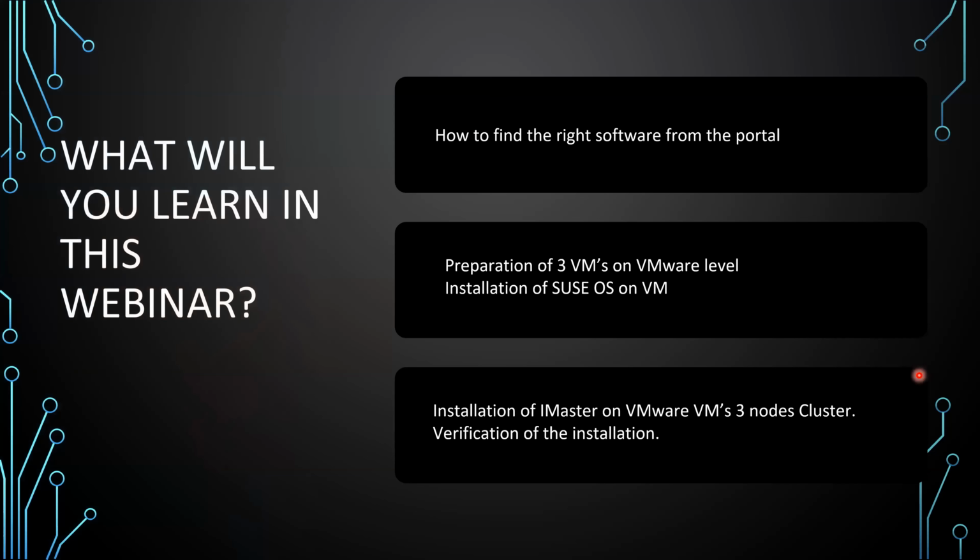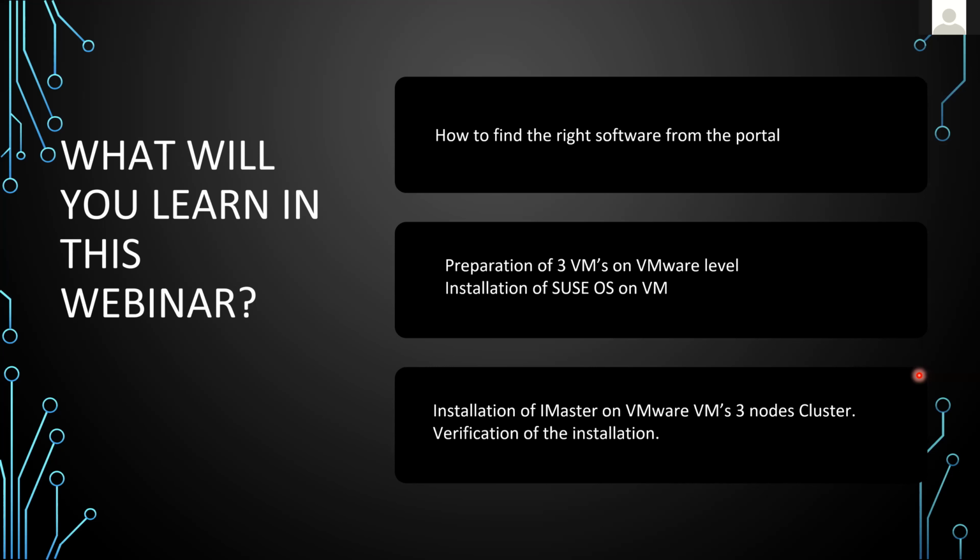So what will you learn in this webinar? Today we are going to learn about the iMaster installation on cluster nodes. My previous webinar was about the single node installation, and the recording is available, so you can go and check how we can install a single node.